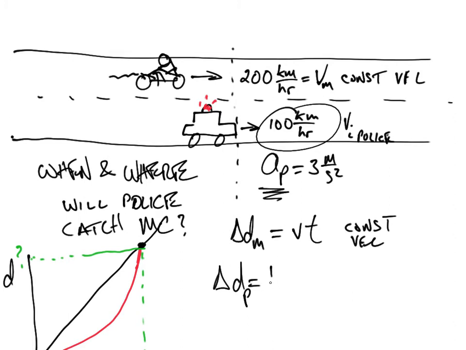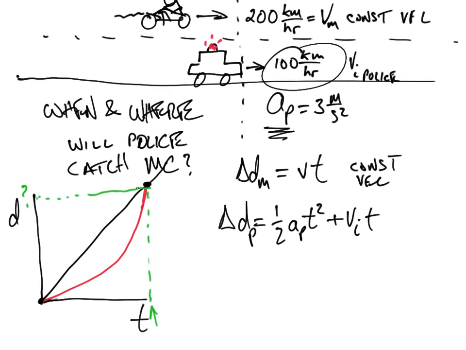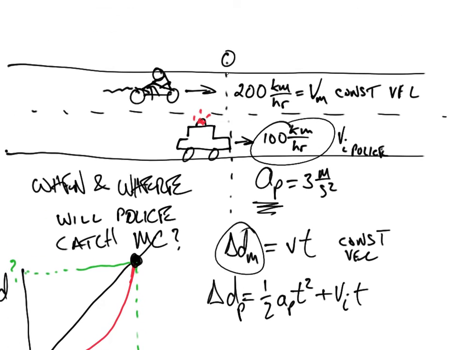So therefore, here is 1/2 A_P t squared plus V_i t. That is the equation for the police car. Now, obviously, delta D_M is the displacement of the motorcycle starting from this location. So this dotted line is 0. This is the location and time when the police car actually starts accelerating at 3 meters per second squared.